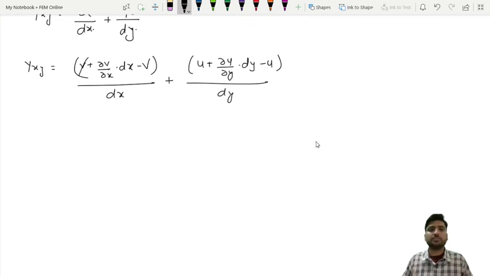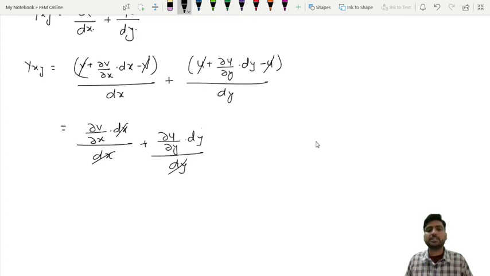So from here v and v cancel, and u and u cancel out. So del v upon del x into dx upon dx, so dx will cancel out, plus del u upon del y into dy divided by dy, dy will cancel out. Therefore gamma xy will become del v upon del x plus del u upon del y.